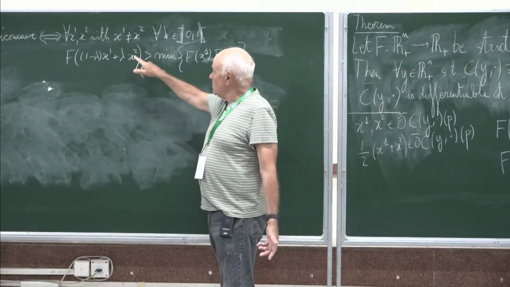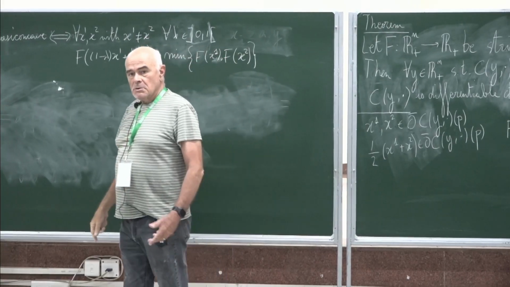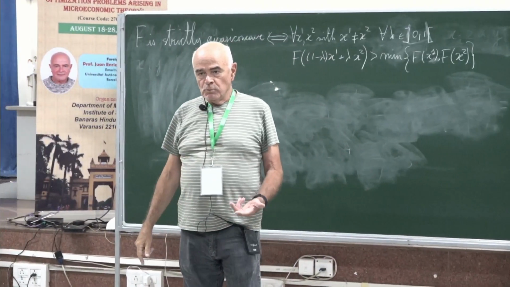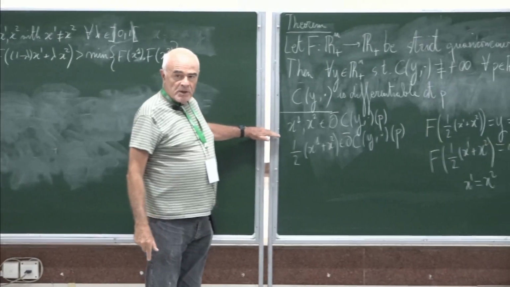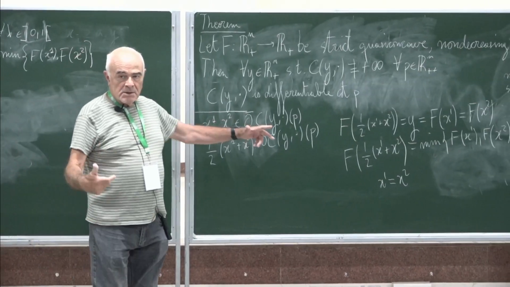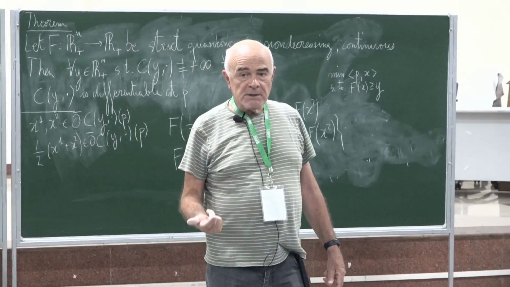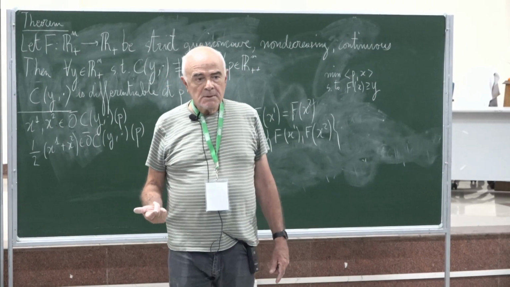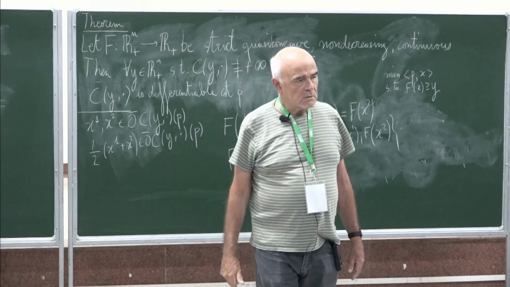This is only possible if this condition does not hold. So x1 must be equal to x2. So two arbitrary supergradients are the same. There is only one. Okay, and this means differentiability. Any other question or comment?